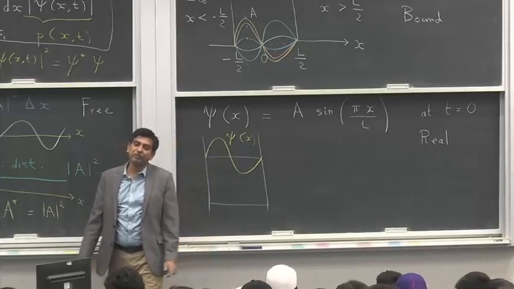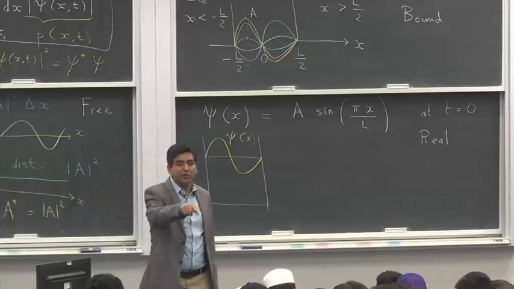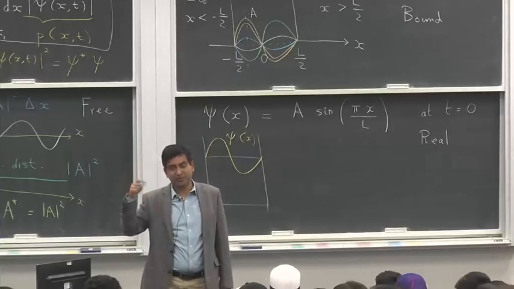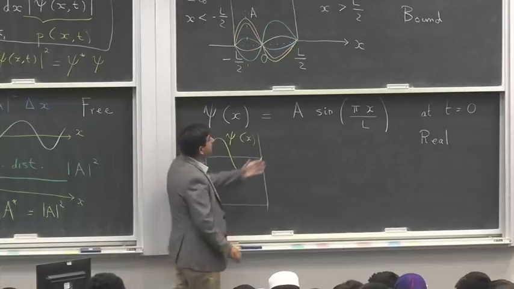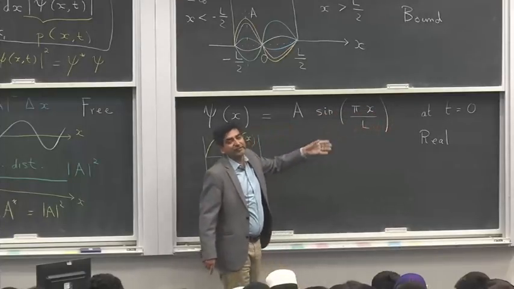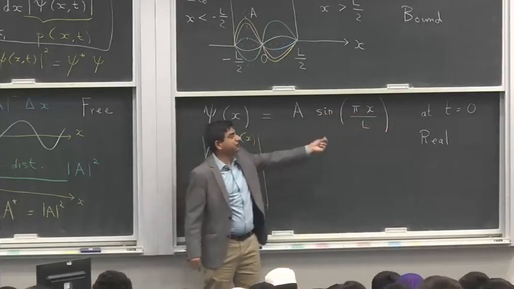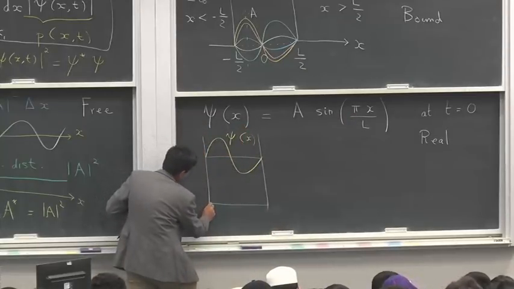Is this a straight line now? It's not a straight line. It's actually the kind of lobes you were drawing for the previous question, because now this is a real number. The probability density is going to be the modulus squared of this. All of this is a real number, so the square of this is a squared sine squared pi x over L. And it's going to look like this.